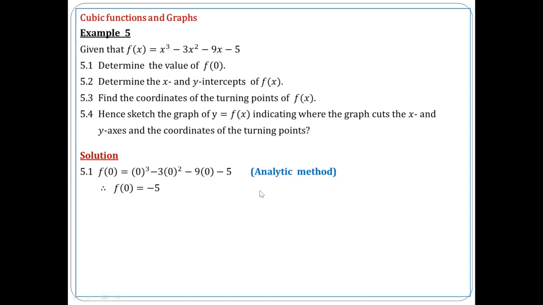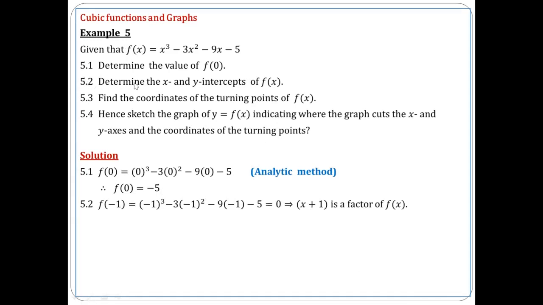So a visual symbolic method would simply from the function say f of 0 is equal to minus 5, because the problem solver will know that where there's x, there's 0. So you get minus 5. So this step is written by an analytic thinking method, whereas for a visual symbolic method, the answer can be written straight away as f of 0 is equal to minus 5. And this actually also coincides with the y-intercept.